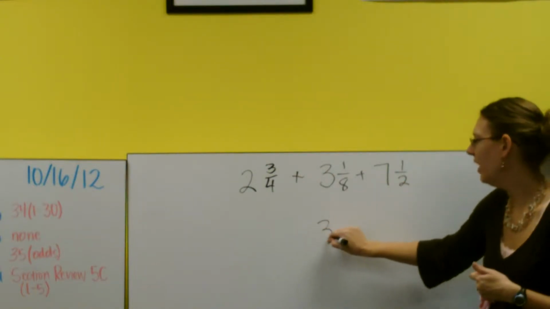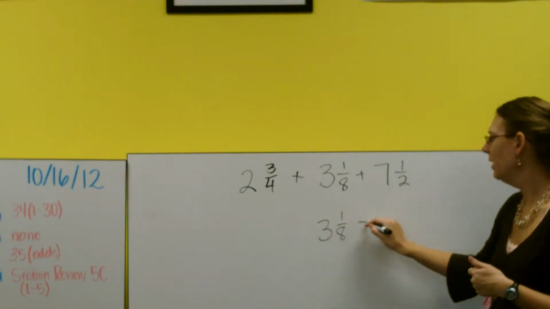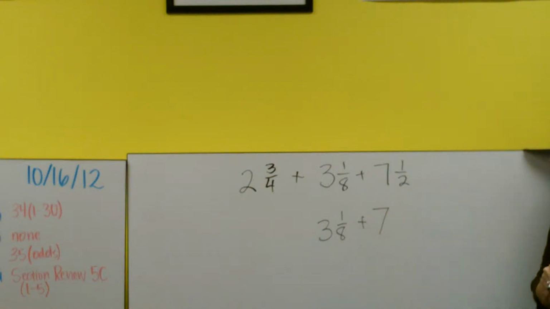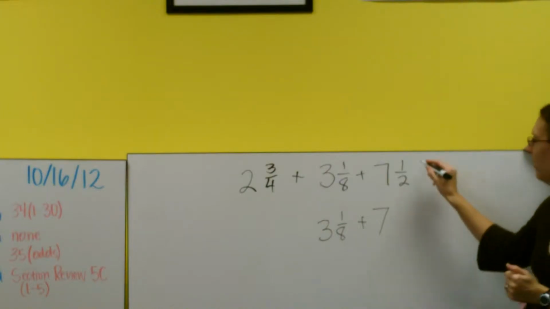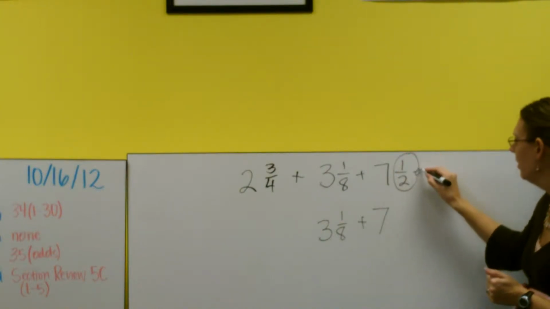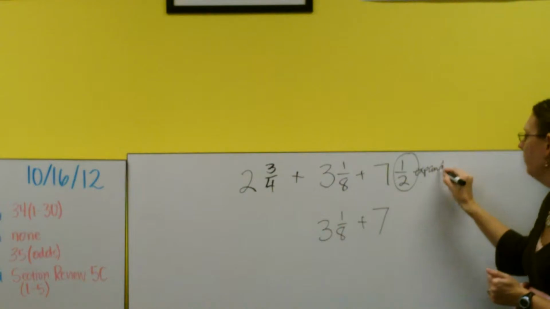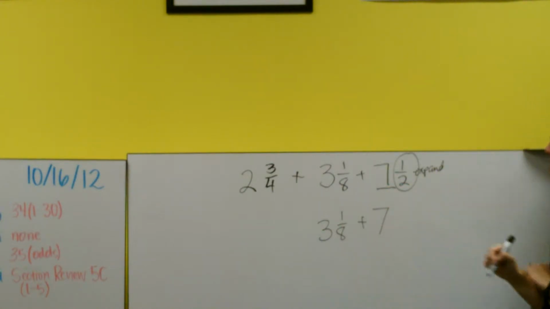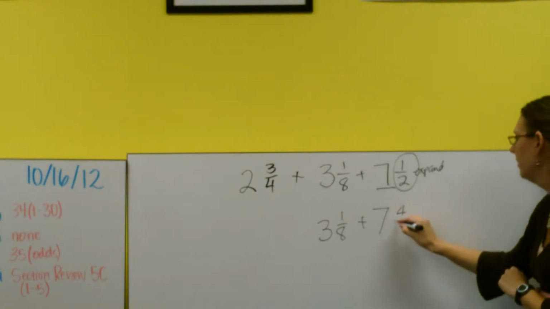This one, we've got an 8 already, so we can leave it. Let's do 7 1/2. How many 8s is 7 1/2? 7 and how many 8s? We can just convert and expand only the fraction. Leave our whole number and expand our fraction. So how many 8s is a half? 4. Good.